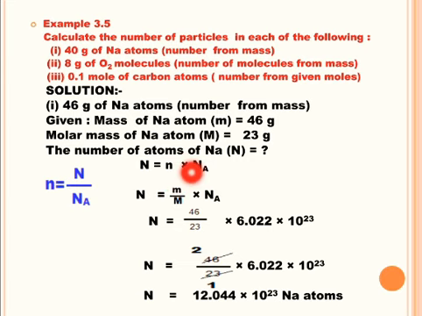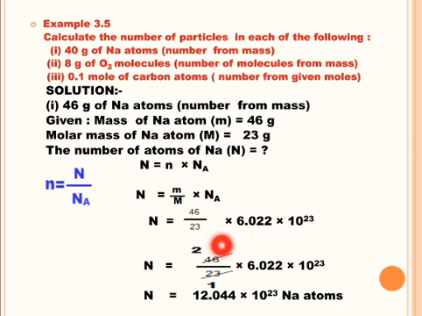We can calculate the number of moles by applying the formula n is equal to small m divided by capital M, because mass is given. We know the value of small m and capital M. So by putting the value of small m upon capital M, we can calculate the number of moles. And this is multiplied by Avogadro number. So put the value of small m, that is 46 grams, divided by capital M, 23 grams, multiplied by Avogadro number 6.022 into 10 raised to power 23.